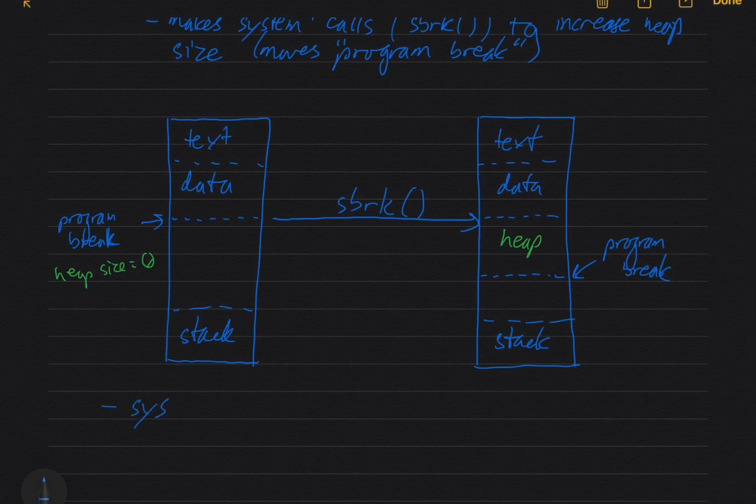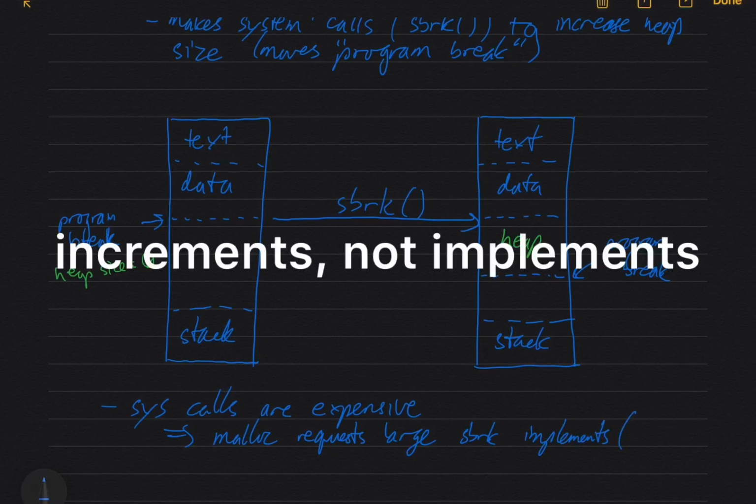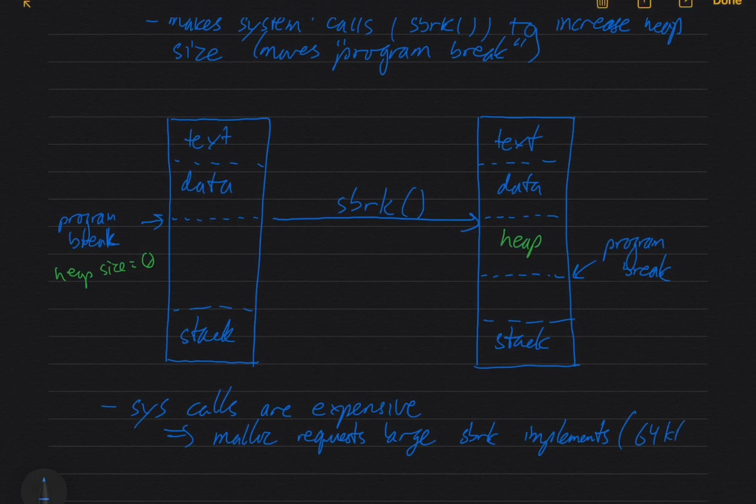So system calls are expensive, and so the implication is that malloc requests large amounts from sbrk, 64 kibibytes, I almost said kilobytes, 64 kibibytes or more, depending on the implementation.